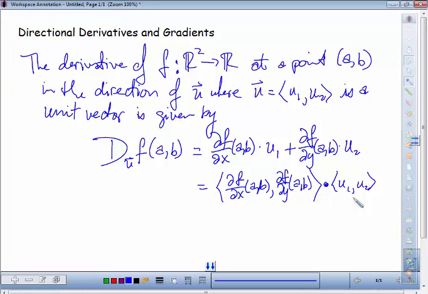And it turns out that this first vector comes up a lot. And yes, this is going to be defined as the gradient.